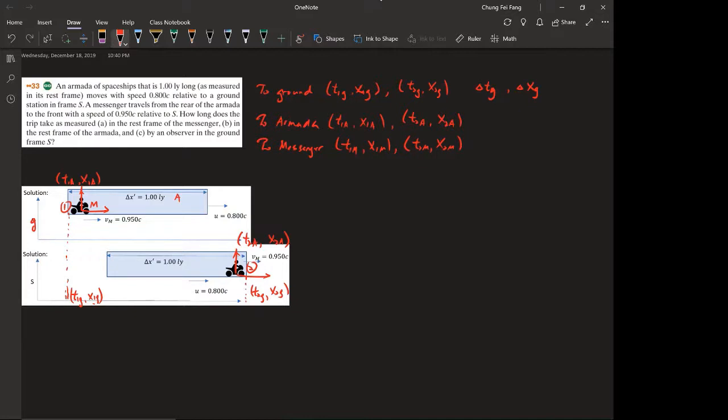For the Amanda spaceship, the observer can measure a time interval delta TA and the distance delta XA. And for the messenger, we can measure a time interval delta TM, and the distance between the two events is delta XM.